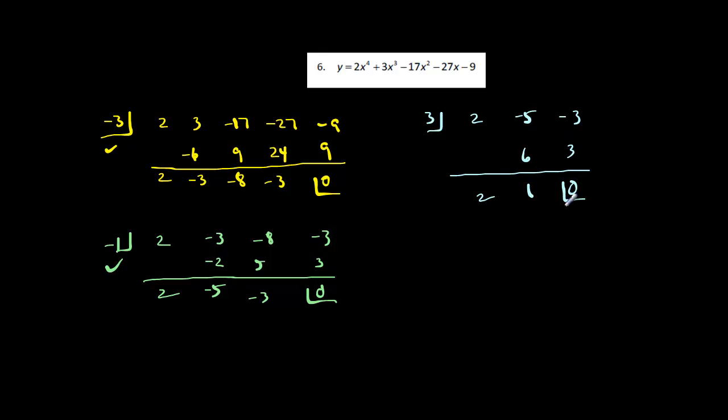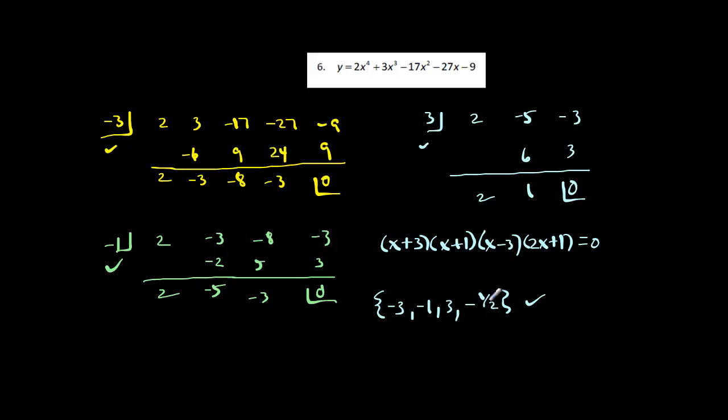Okay. So, if I write this in factored form, we have x plus 3, x plus 1, x minus 3, and 2x plus 1, all equals 0. So the list of roots are going to be -3, -1, 3, and if I set this equal to 0, you get -1/2.